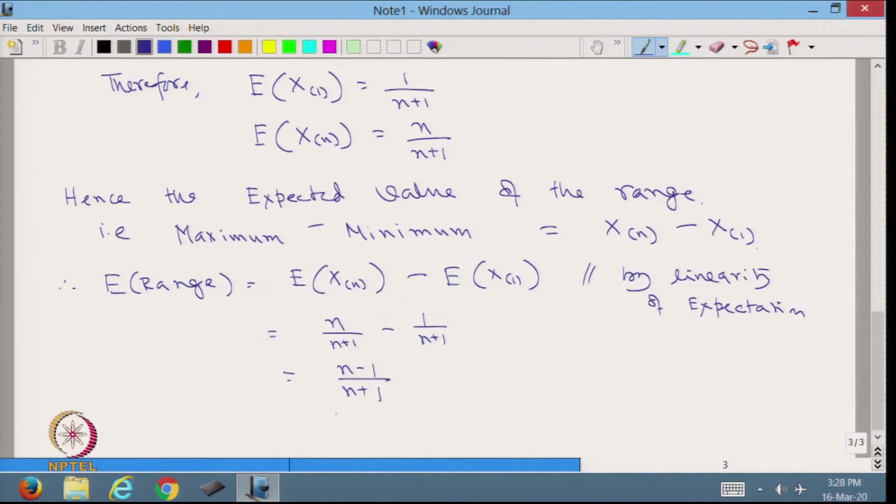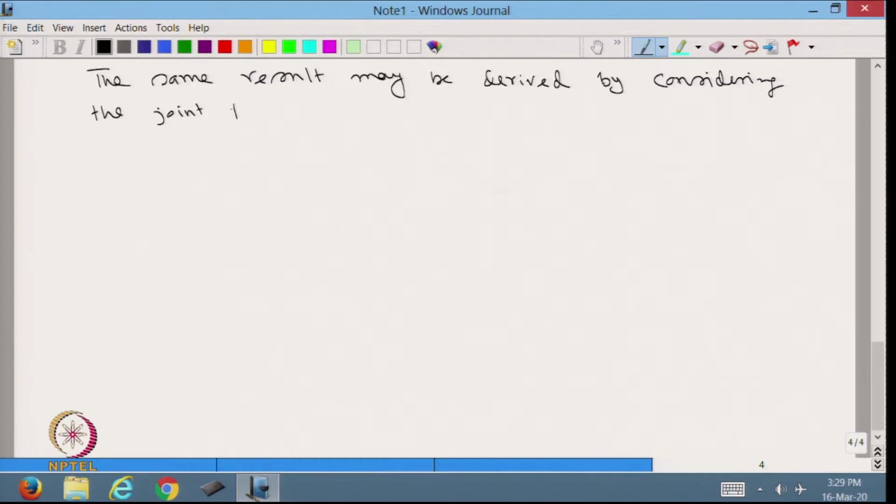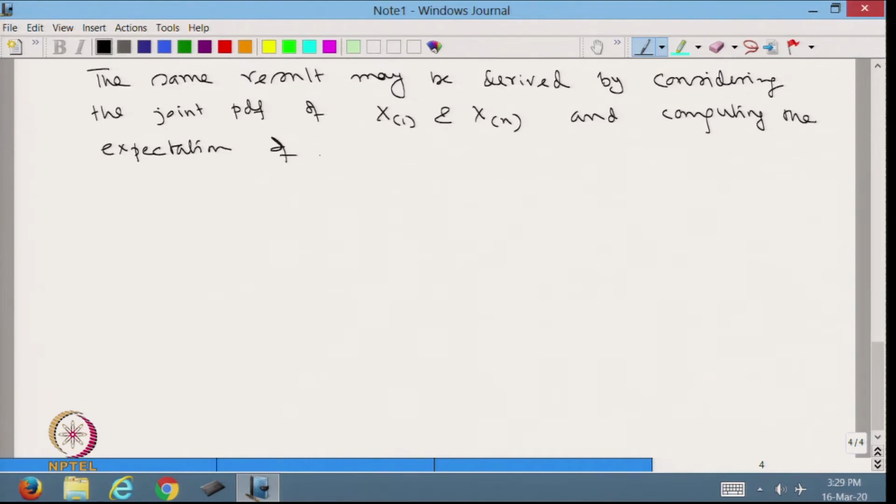This same result may be derived by considering the joint PDF of X1 and Xn and computing the expectation of Xn minus X1.